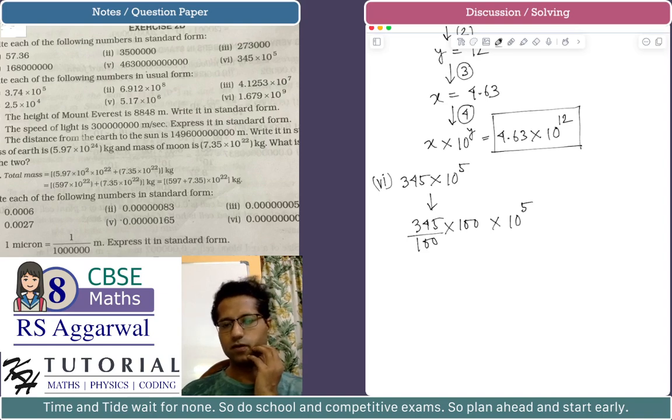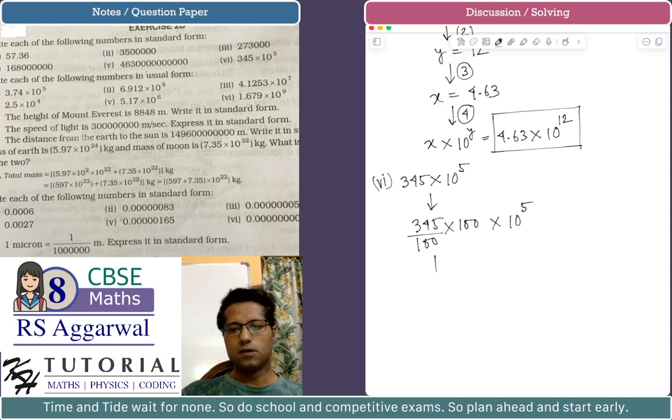So 3.45 could be that number x. So I want to make 3.45. So I have to divide by 100. If I am dividing by 100, I cannot change the original number. So to keep the original number unchanged, when I am dividing it by 100, I also have to multiply it with 100. Okay. So this now becomes 3.45, and this 100 and 10 to the power 5, as you know, 100 is 10 square and we have 10 to the power 5.